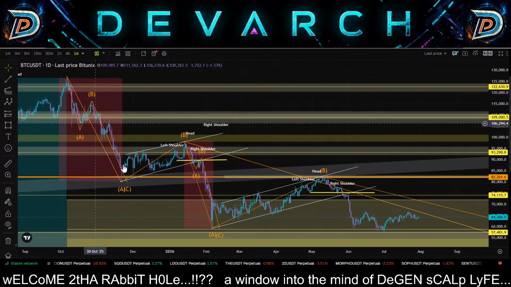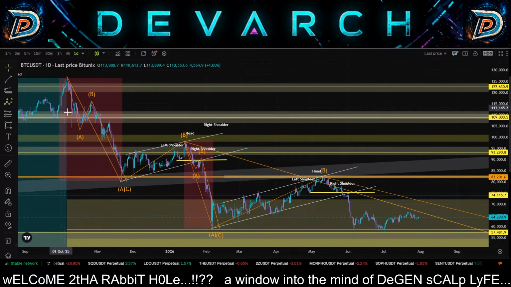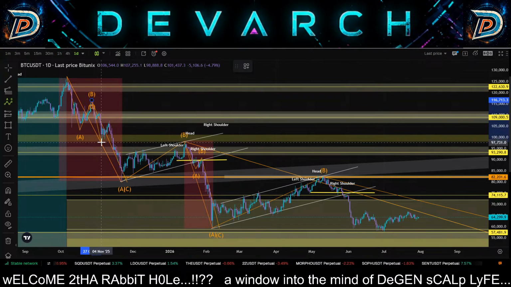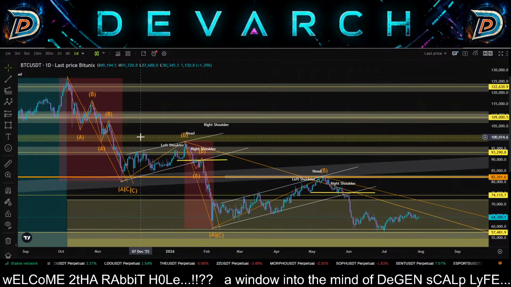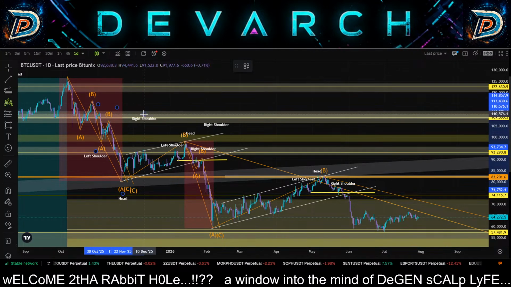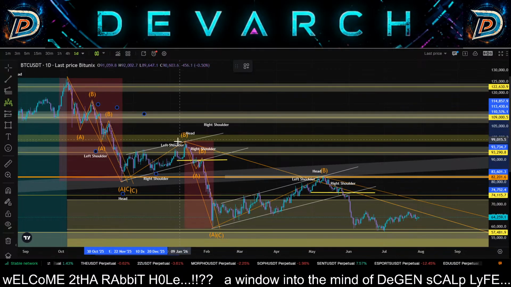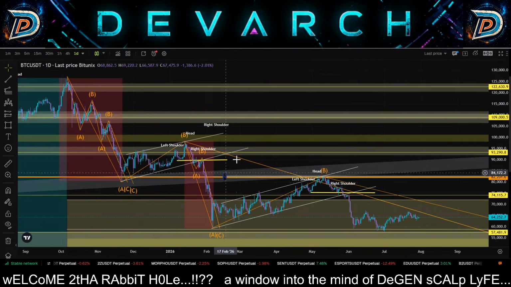Like you can see this first A wave here, the very first one, also does not have a head and shoulders bottom pattern, and you can see that it was not the bottom. Technically, you could put a left shoulder here, a head here, and a right shoulder here, but there's no neckline break, and to me, it doesn't work.